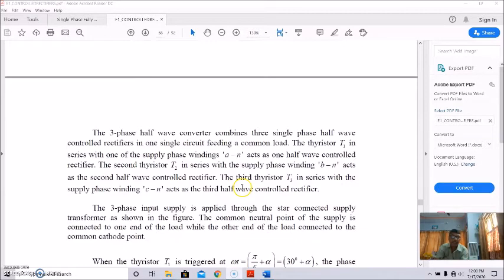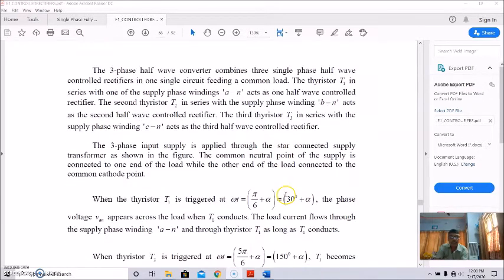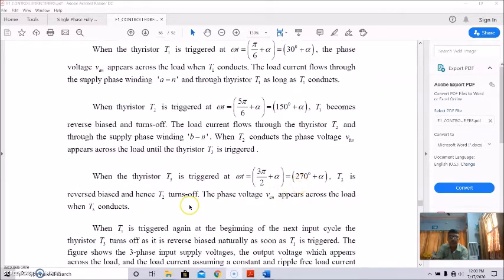So this is for thyristor 2, and again for thyristor 3 it will be 150 plus 120, that is 270 plus alpha. Then thyristor 2 will be reverse biased and hence turns off, and phase voltage CN appears across the load when thyristor 3 conducts.